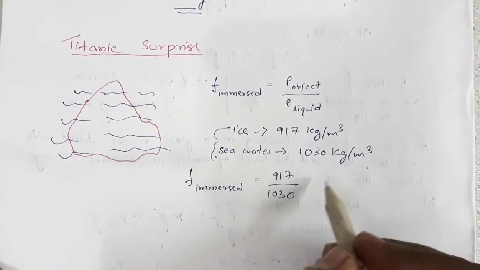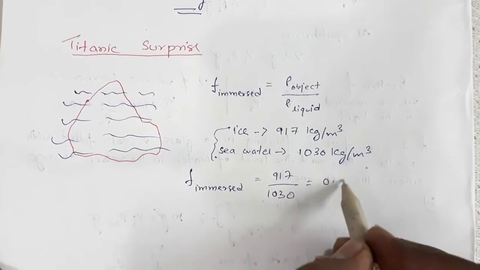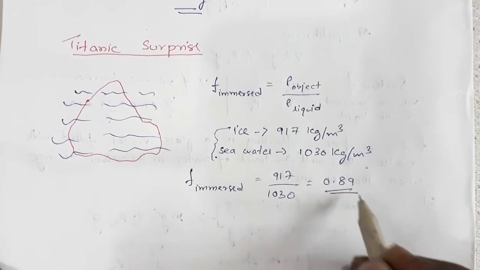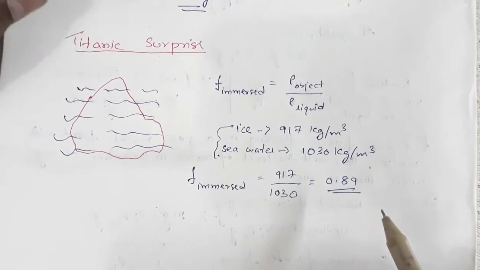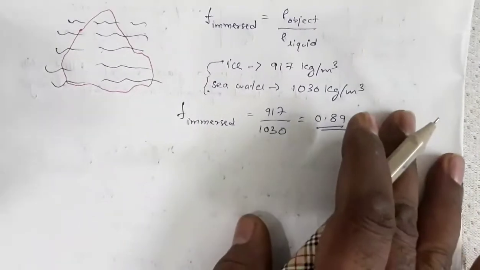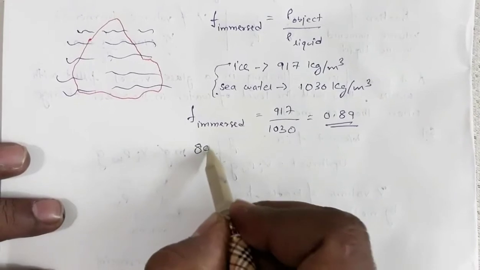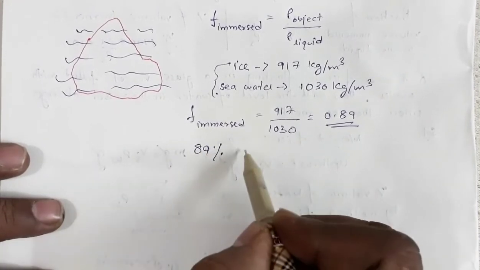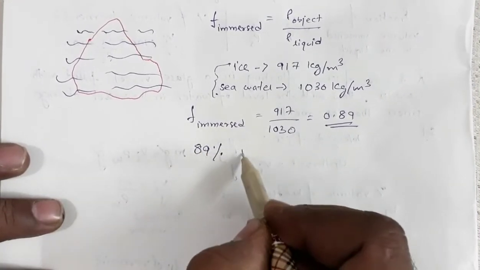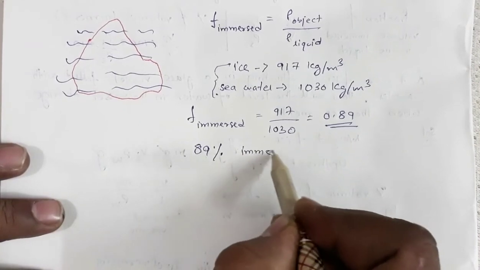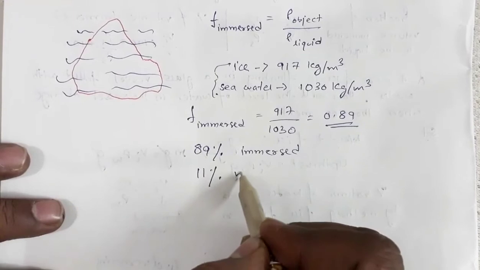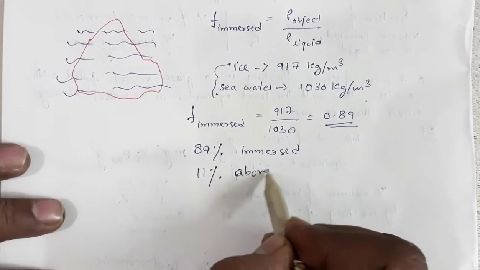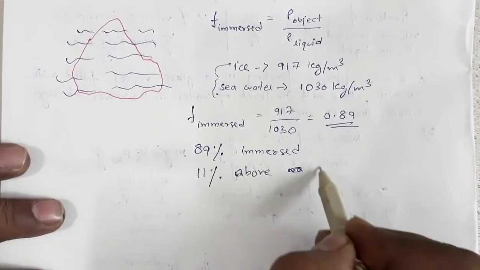If you divide this, you will get the value 0.89. So what does that mean? That means around 89% of the ice is immersed and only 11% is above water, or above sea level.